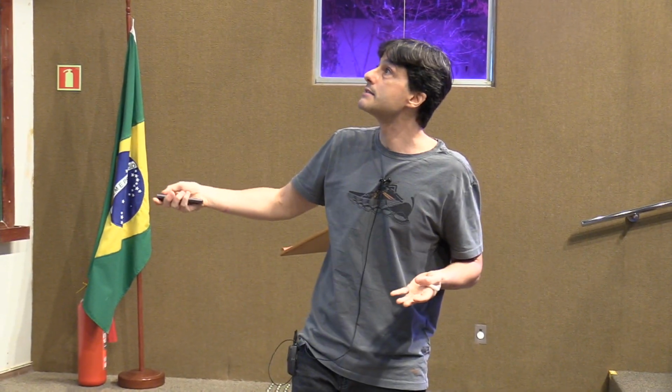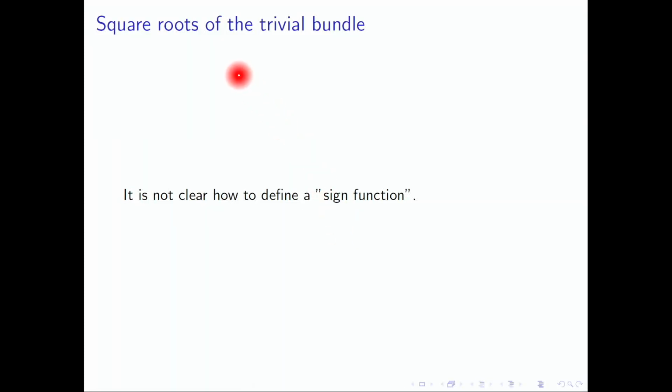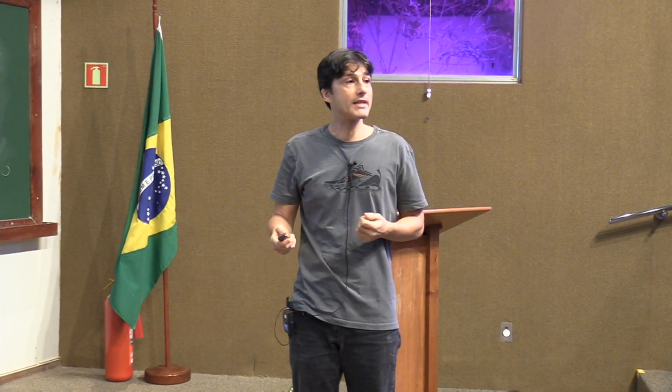So already in the case of a square root of the trivial bundle, for us it is not so clear how to get this finer combinatorial datum. I mean, maybe you can try to do it by defining a triviality of the line bundle, but so far when you go to the stratification, it's not so easy to prove that this combinatorial data describe entirely the stratification of the algebraic geometric space.